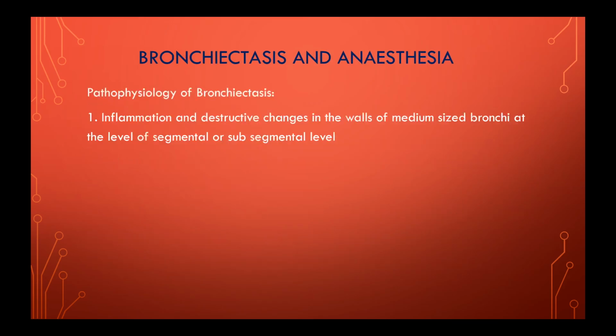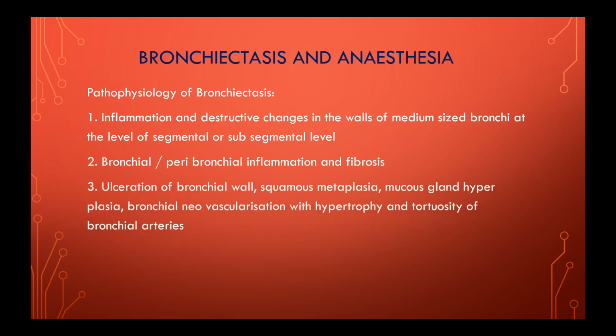And pathophysiology is an inflammation which causes the destructive changes in the walls of the bronchi, and it occurs at the segmental or subsegmental level. And bronchial and peribronchial inflammation happens, then the inflammation is followed by fibrosis.